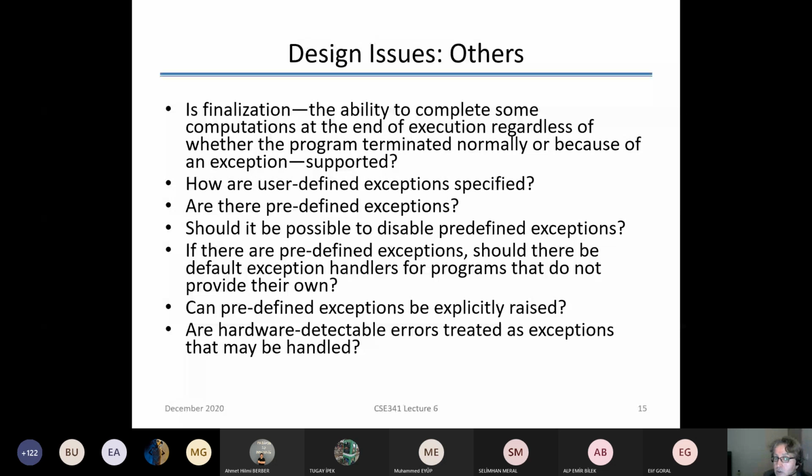The other question is, should it be possible to disable predefined exceptions? Now, this is a good case. For example, you might not have, let's say, a division by 0 problem because you know the input space. You accept, as a programmer, you may know the input space, even though your function might be partial for all definitions.